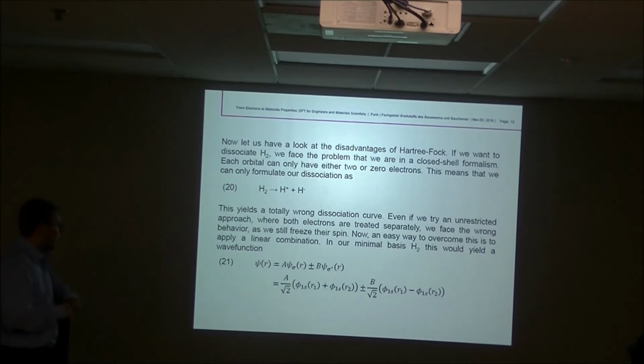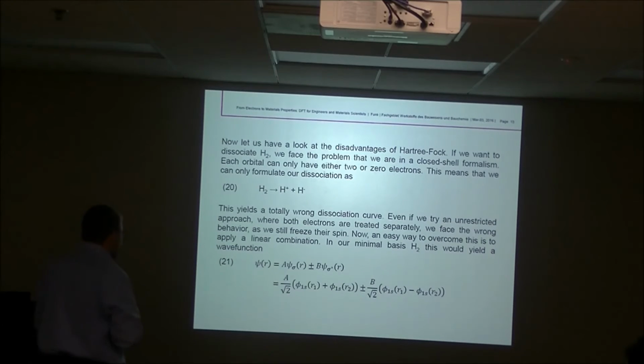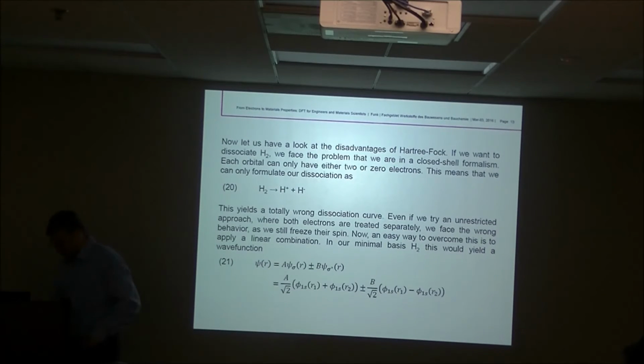Well, we can combine the bonding and the anti-bonding wave functions linearly. Right? So what does it mean? This means that in the beginning, when we just have a bonded state, like here, A is 1, B is 0. All is bonded.